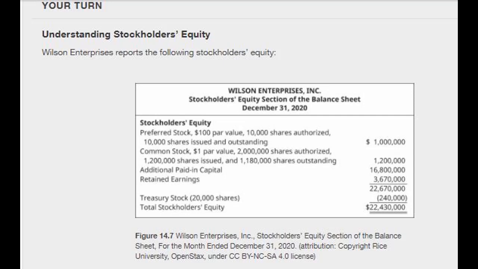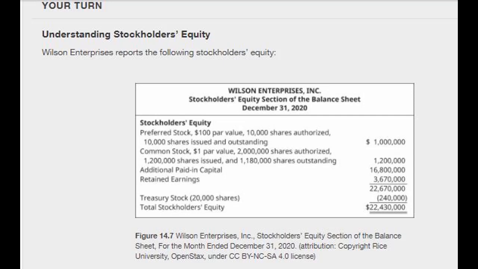However, what if a company says, I am buying back this stock from you temporarily, and I might just turn around and resell it to you again, or resell it to someone else? Well then, instead of reducing the value columns that are already there, you create a new column.